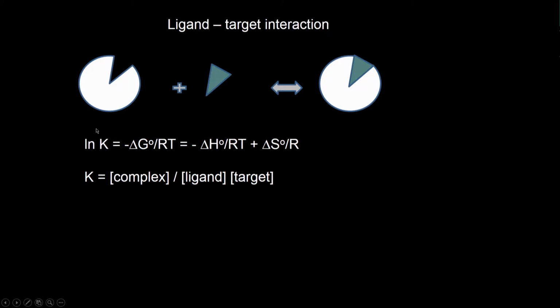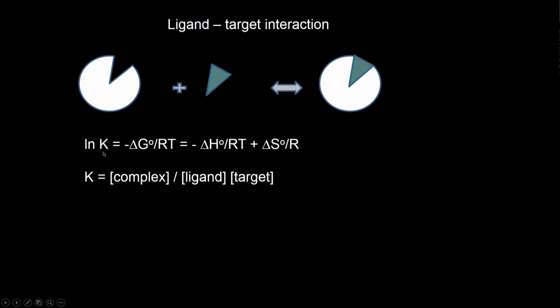Basically, we have the ligand, this is just a pictorial, there is something called an active site, or there could be some other secondary site, allosteric site, minor grooves, major grooves. So, the ligand goes and binds to that and forms a ligand-protein target complex.